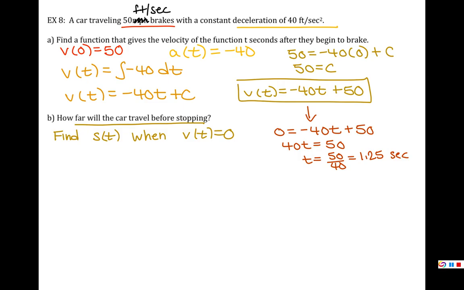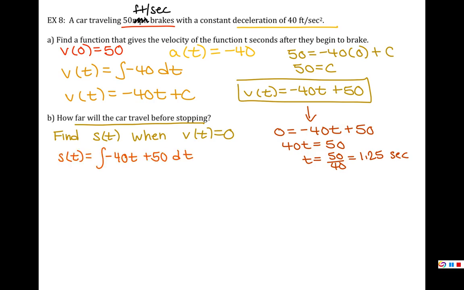When is velocity equal to 0? I just set 0 equal to my velocity, and then I solve for t. I ended up getting t equals 1.25 seconds. So the car will stop after 1.25 seconds, and we want to find the position of the car after 1.25 seconds.